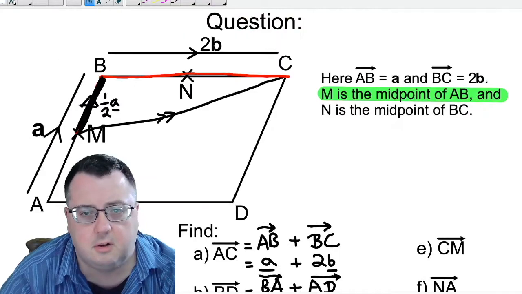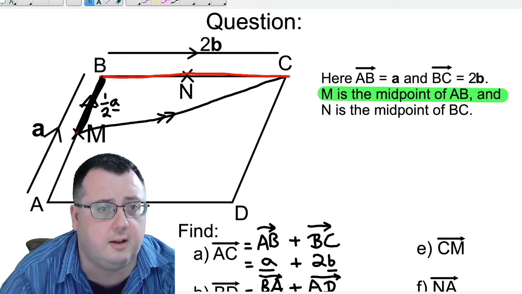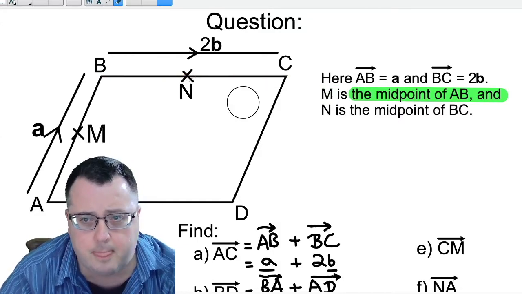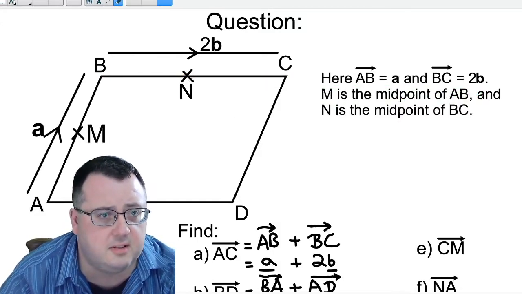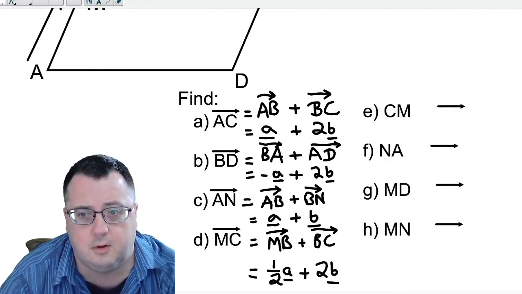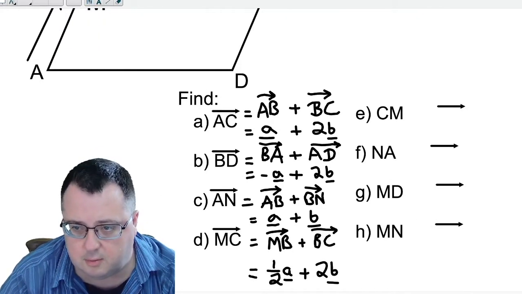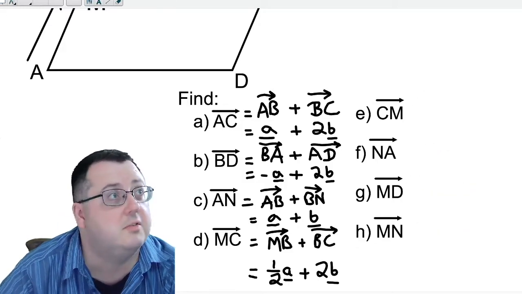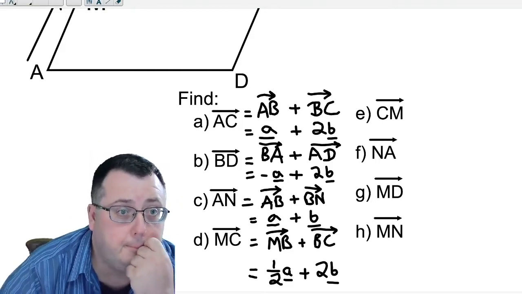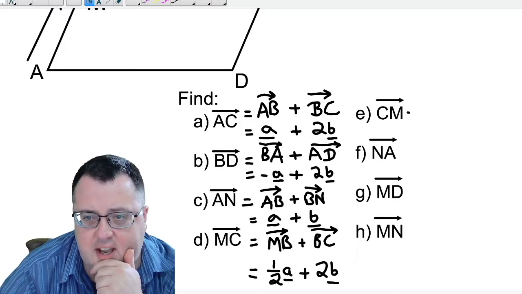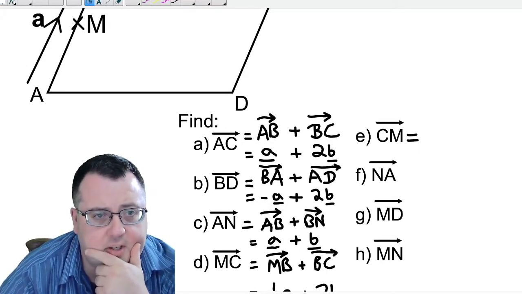Good. So I'm going to clear the workings that I've done from the previous question, and let's have a look now at the last 4. Okay, so the next one is C to M. Let's look at the picture.